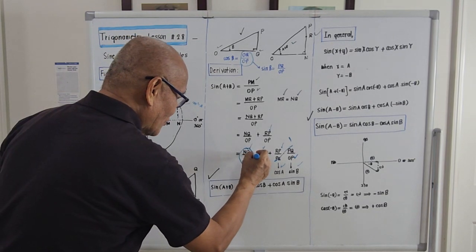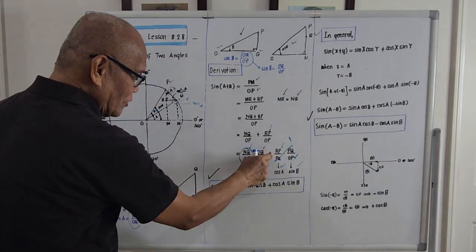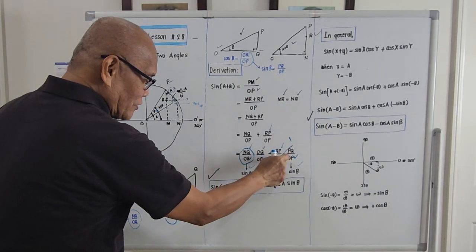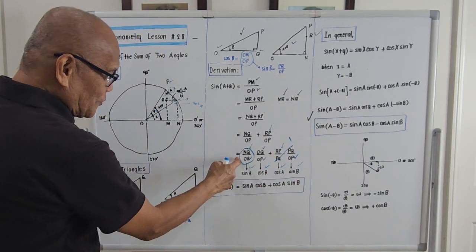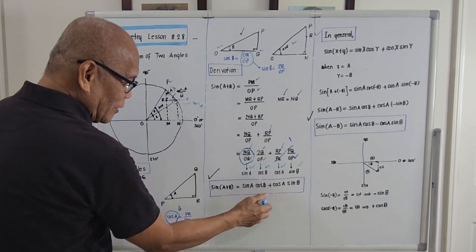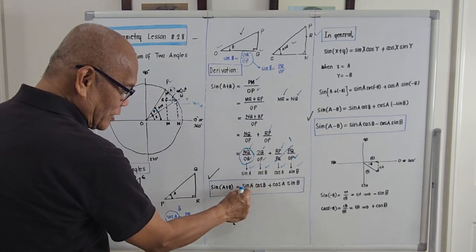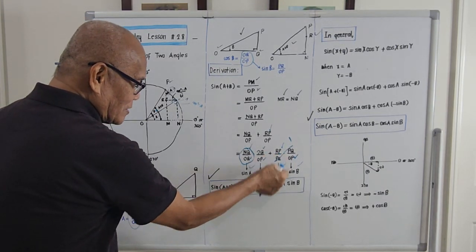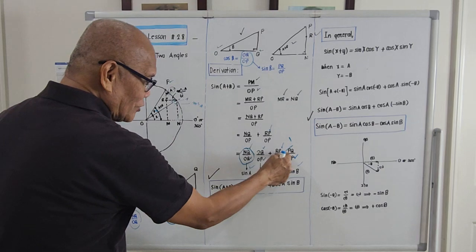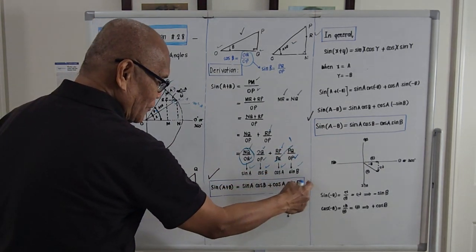So first fraction times second fraction plus third fraction times fourth fraction. The first fraction is sine of angle A, the second fraction is cosine of angle B. The operation is multiplication, meaning we take the product of sine A, cosine B. This is plus, and again the operation here is multiplication. This is cosine of angle A multiplied by sine of angle B.